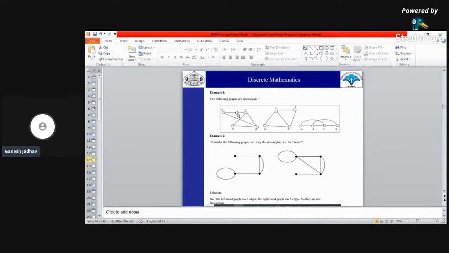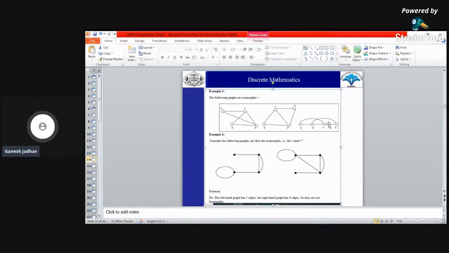In the first pair, you can count the edges: 1, 2, 3, 4, 5 here, and 1, 2, 3, 4, 5 here. So in the above graphs, all the edges are the same. In example 1, we can say that this is an isomorphic graph.